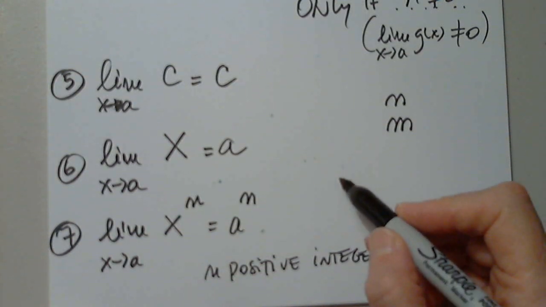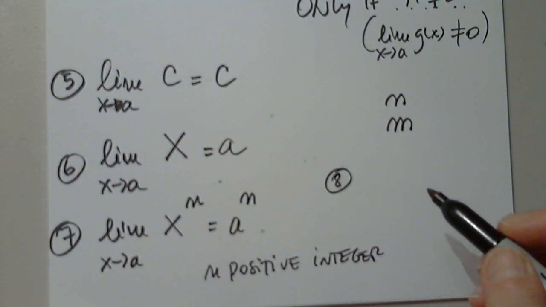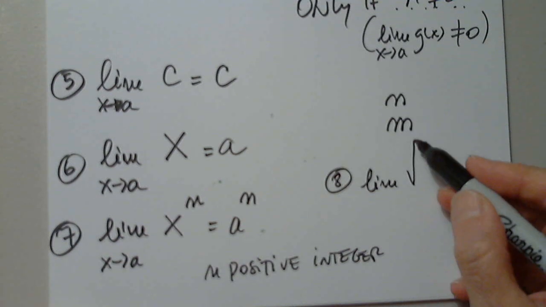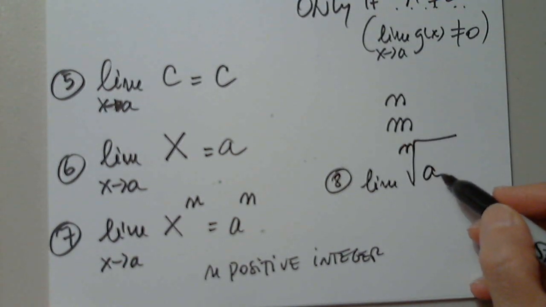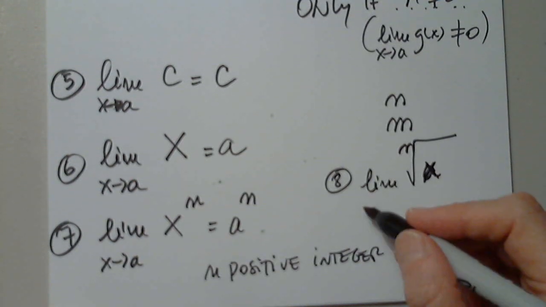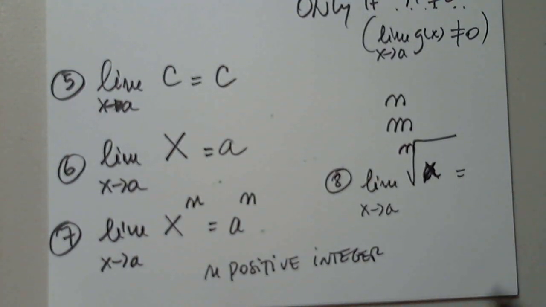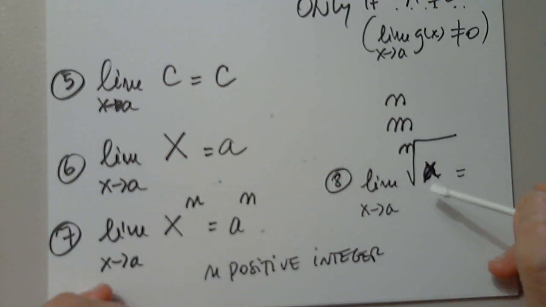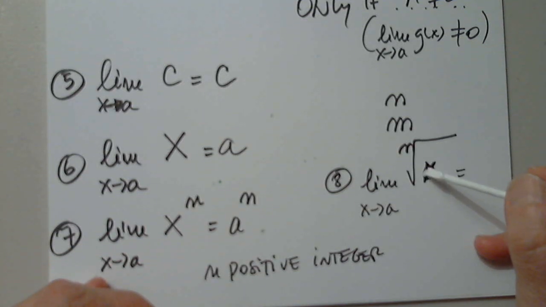Same thing. Okay. Number 8. Limit of the nth root of a. I'm sorry, of course, x, when x approaches a. What will this equal to? It's the same thing. No changes.